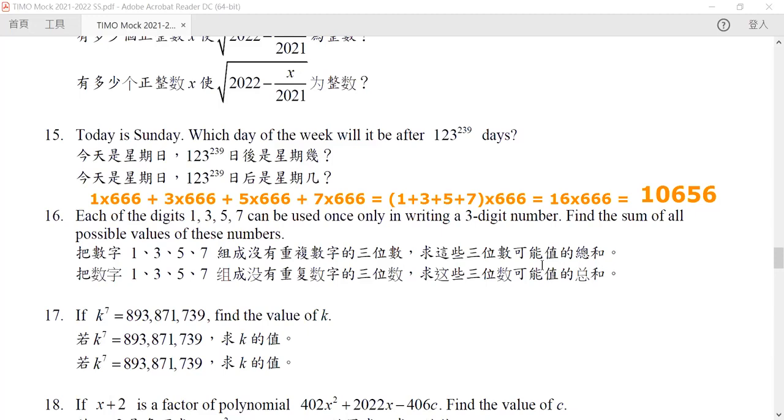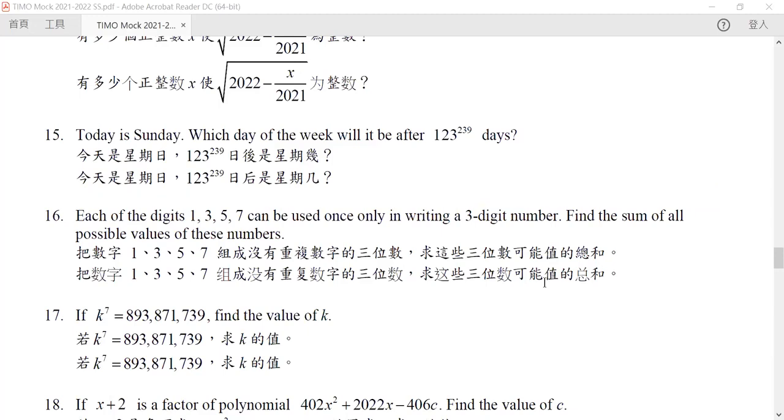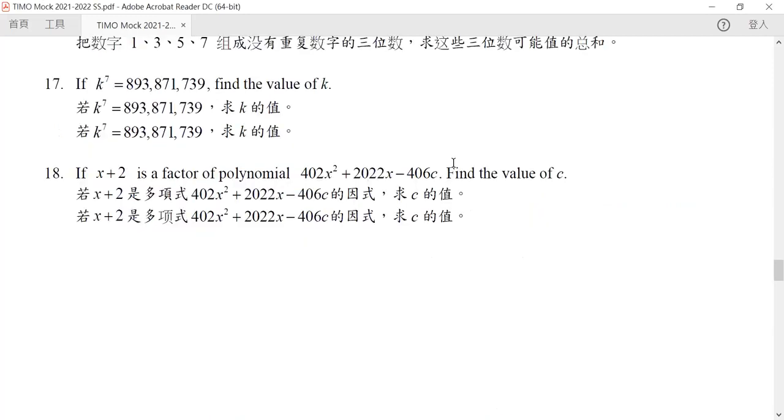Okay, let's go to question 17. If k is this value, find the value of k. This is a good question of estimation. Again, let's talk about estimations. So in here, whenever we want to find a value of a number, first we want to find the range.